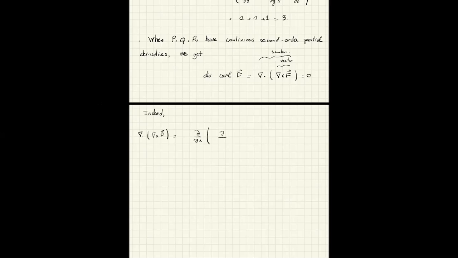If you go back to the definitions, this is dy of R minus dz of Q, plus dy dz of P minus dx of R, plus dz of Q minus dy of P. There will be a lot of this kind of equalities that you have to show in the problem list, and it's all done in the same way.